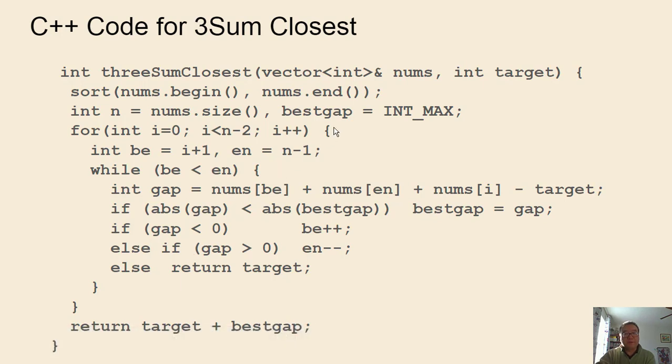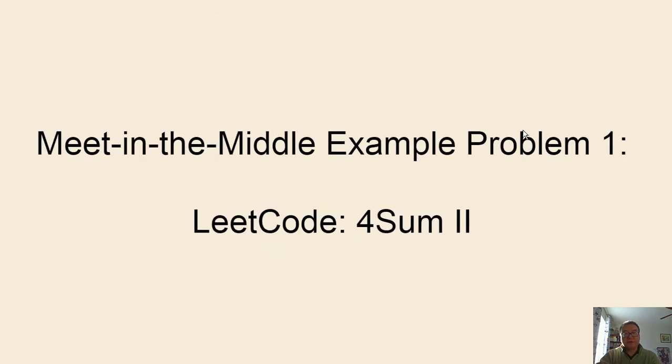Otherwise, when the loop finishes, the answer is the target plus the best gap, because that's what we can achieve. So that's it for this. Again, that is only a warm-up. We haven't used the meet in the middle technique yet, but for the next one we will be using it.